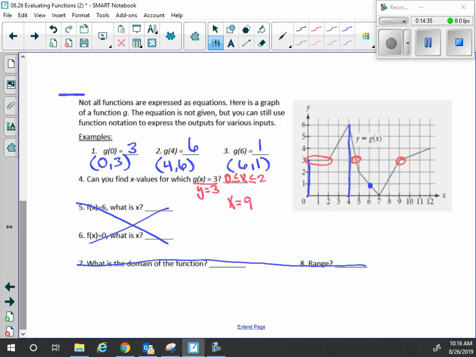Okay. And then for that next one, it's kind of hard to see exactly where it is, but we could say it's between which 2 values? What 2 values is it between? 4 and 5. Less than 5, greater than 4, somewhere in between there.